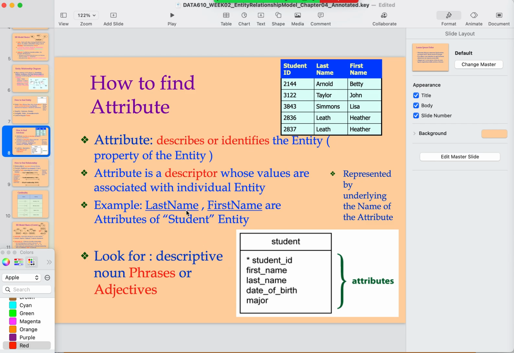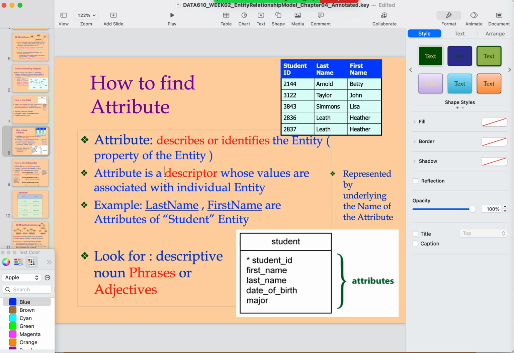So the attribute is a description of the entity, it describes or identifies the entity. It is a property of the entity. So the attribute is a descriptor whose values are associated with a particular entity. So let's say the student is our entity.